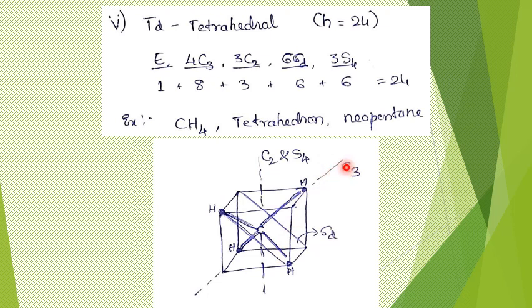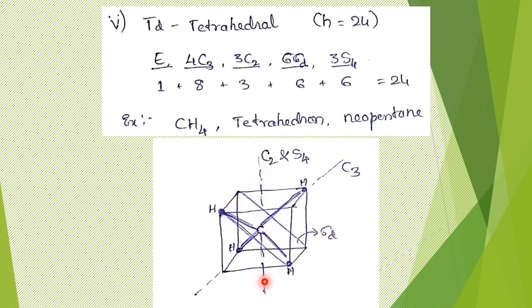Now to understand the C2 axis and all these operations, we shall see it in 3D animation, but it's good to understand it in this 2D diagram also. So if we take this to be a cube, and let's say it's this axis, it is bisecting the tetrahedral HCH angle. So that will serve as C2.